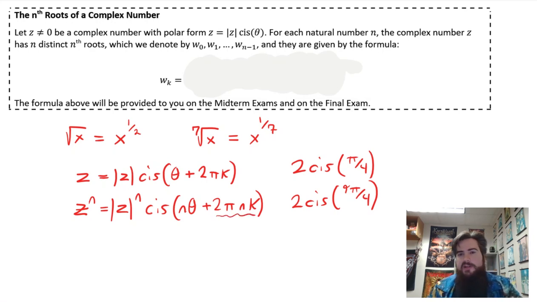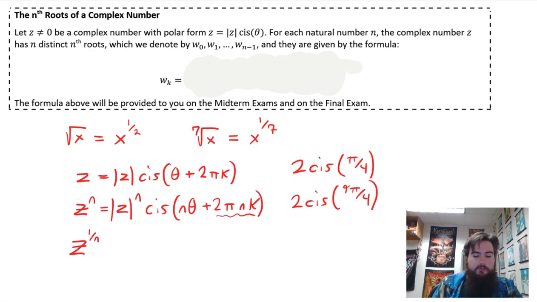And this is equivalent still to 2 pi k, which is why we tend to disregard it. But it's going to be very important for when we consider this for roots.